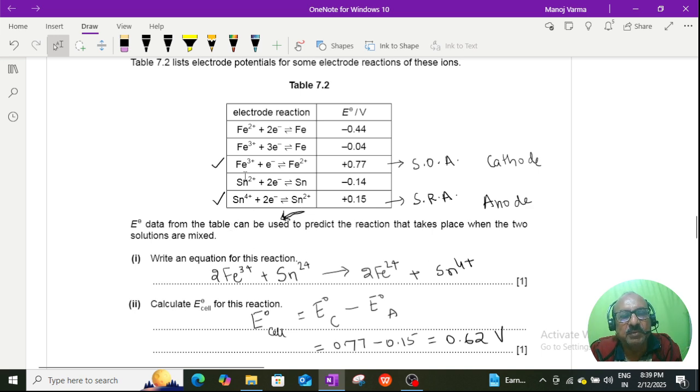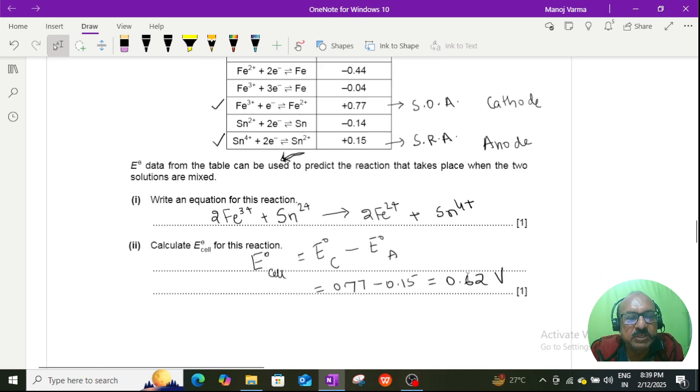You have to multiply this by 2 to balance the electrons, and the electrons get cancelled. So this is your final equation, where Fe3+ ions are reduced to Fe2+ ions, and the Sn2+ ions are oxidized to Sn4+ ions.